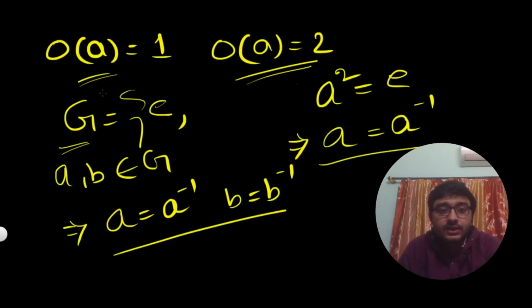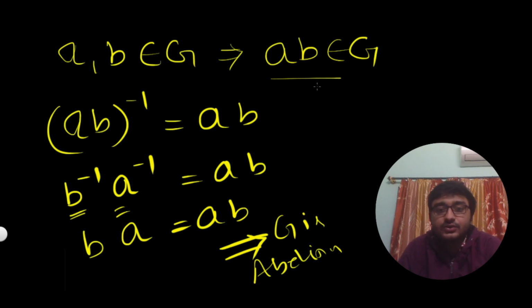If the order of A is 1, that is the identity, and if the order of A is 2, that means A square is equal to E, A is equal to A inverse. That means elements of G are self-inverse, and from that we arrived that AB also belongs to G and AB inverse is AB, and this is just simple calculation, and we arrived at G being abelian, and we proved it for all the numbers less than 6.